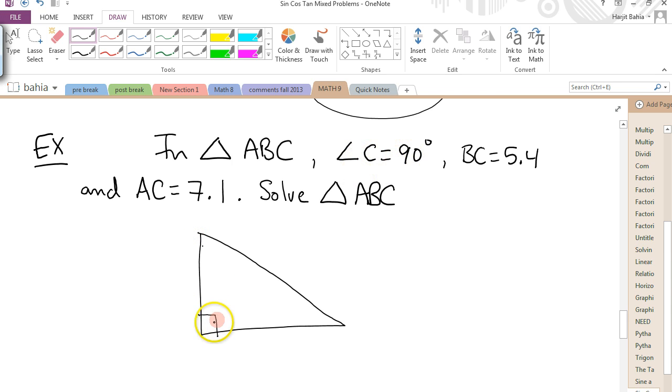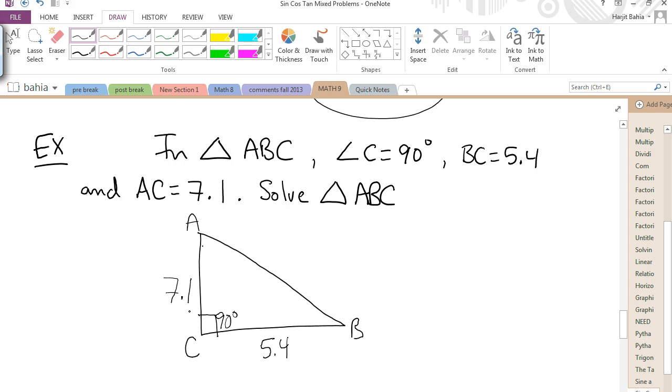Angle C is 90, so this must be 90 and that must be angle C. It goes this way, A, B, C. BC is 5.4, and AC is 7.1.